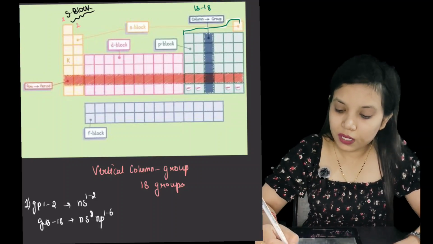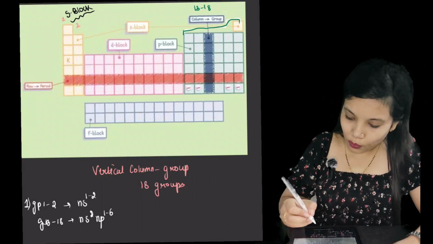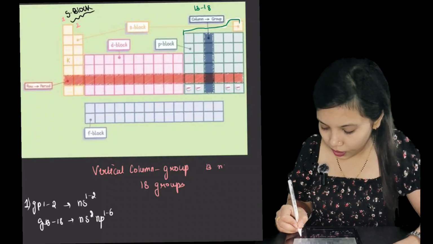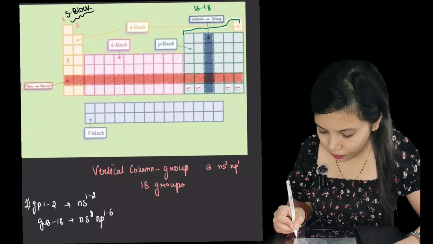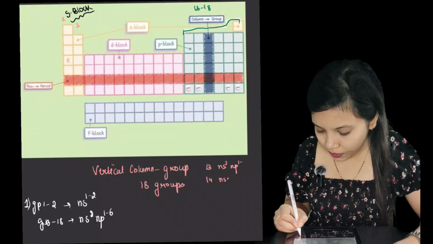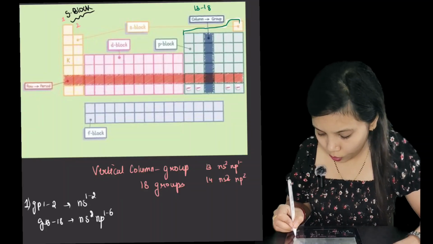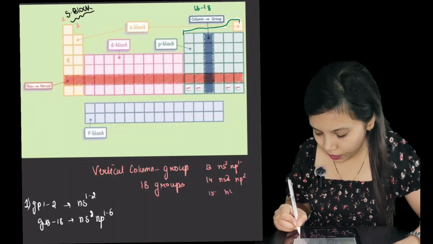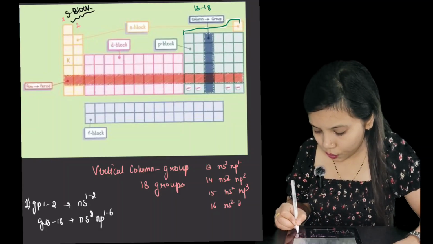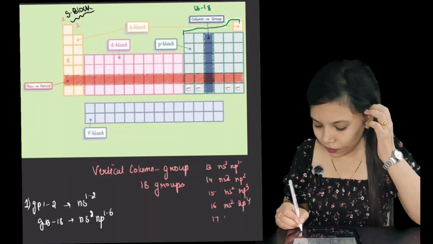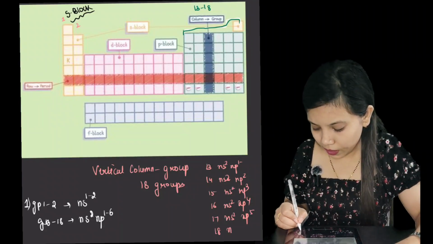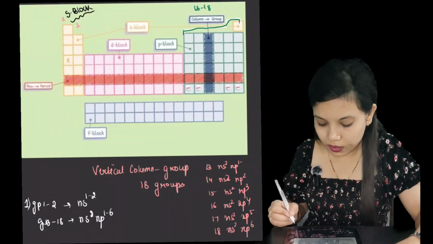For example, group 13 will have NS2 NP1, 14 will have NS2 NP2, 15 will have NS2 NP3, 16 will have NS2 NP4, 17 will have NS2 NP5 and 18 will have NS2 NP6, correct?